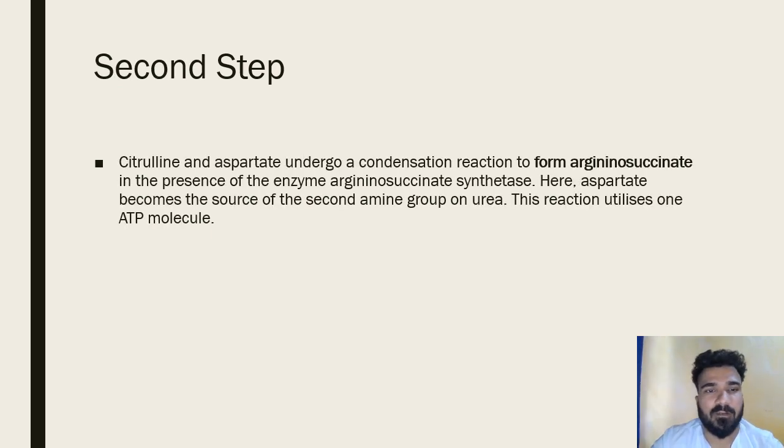Second step. Citrulline and aspartate undergo a condensation reaction to form argininosuccinate in the presence of the enzyme argininosuccinate synthetase. Here, aspartate becomes the source of the second amine group on urea. This reaction utilizes one ATP molecule.